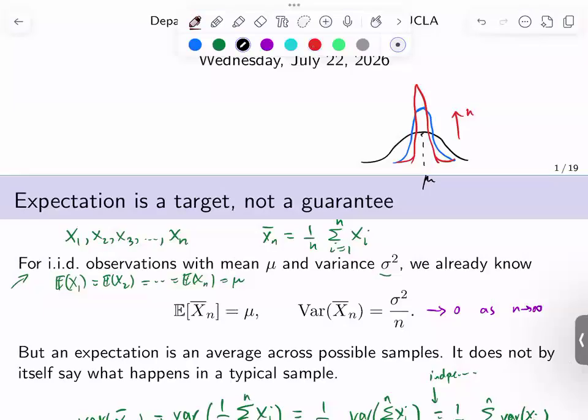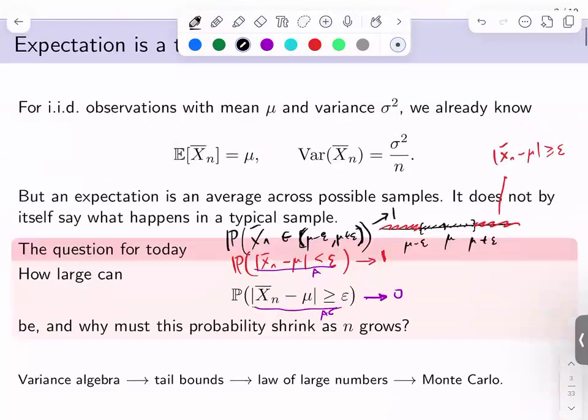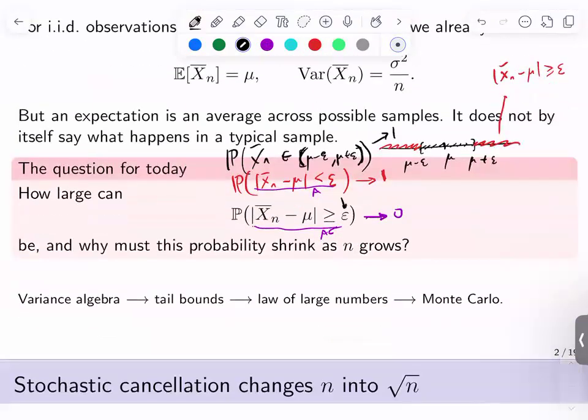If I fix an interval around mu, more and more of the mass is going to be inside this interval. So the probability of the fixed interval goes to 1, and anything outside goes to 0. This holds for any fixed epsilon, which is very interesting. You can take epsilon to be any positive but small value, and as n goes to infinity, this goes to 0.